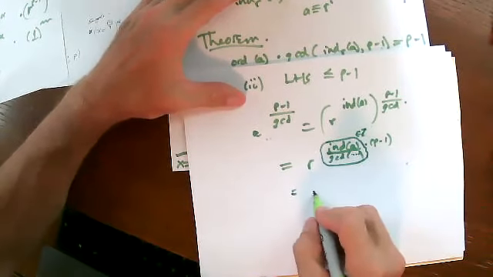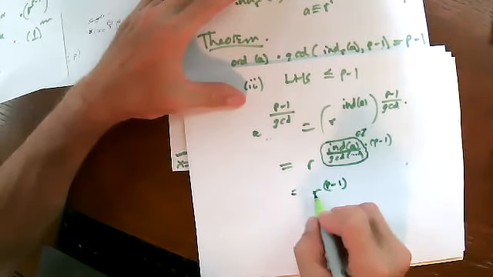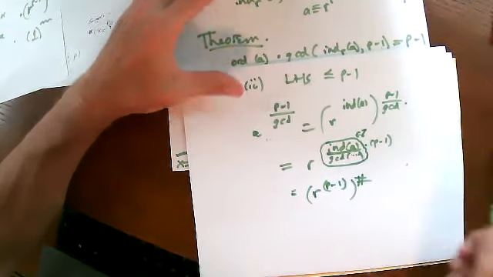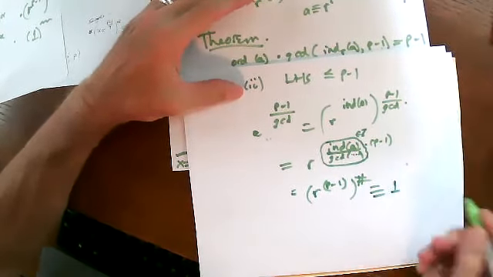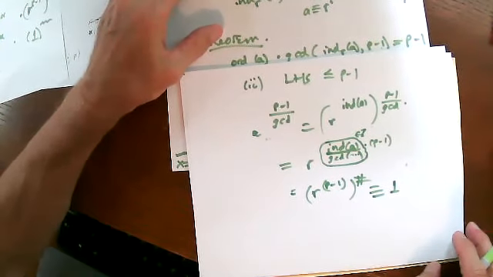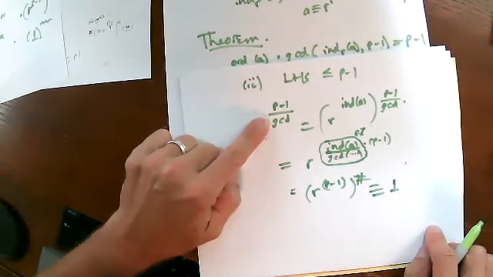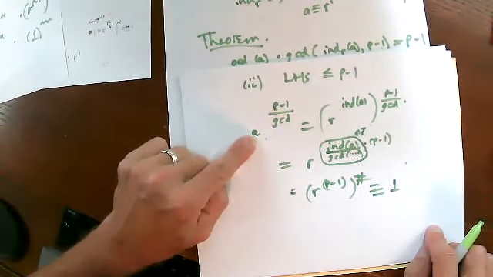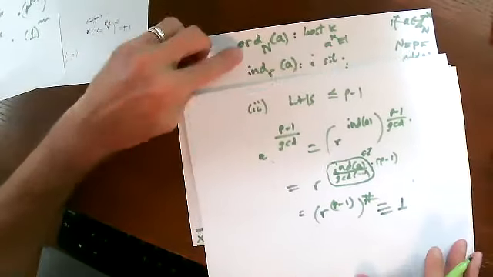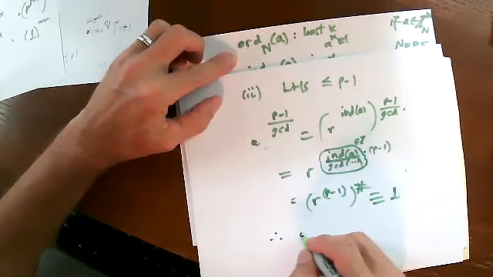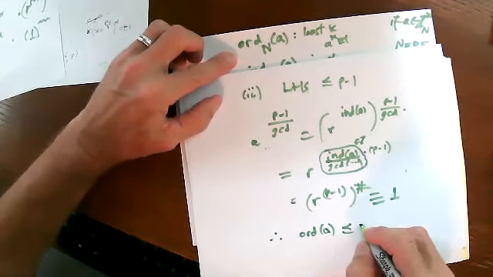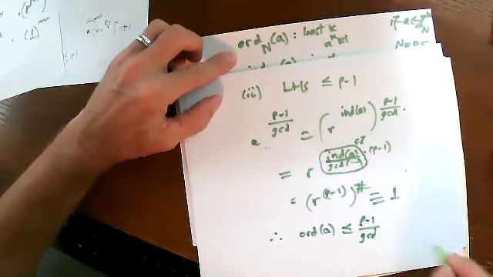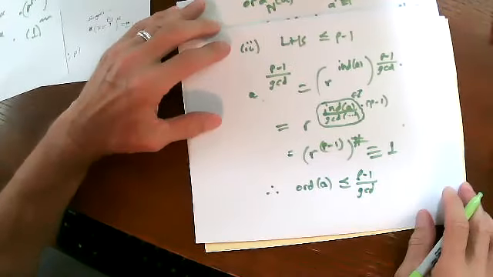So you just have the number r raised to a p minus 1 power raised to some other integer power. And again, r to the p minus 1 power is congruent to 1. Any power of that is congruent to 1. So I have located an exponent that I can put on the a that gives me something congruent to 1. And therefore, the definition of the order says that the order of a is less than or equal to whatever other exponent you find that gives you the congruence of 1.